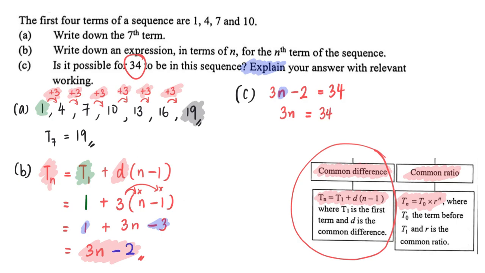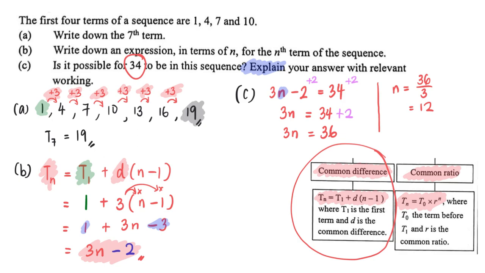I'm going to add 2 to both sides. That's why here got a 2. 2 minus 2 is 0. So I would have 3n equals 36. And to finish off, n will be, I'm going to divide by 3 on both sides, 12.